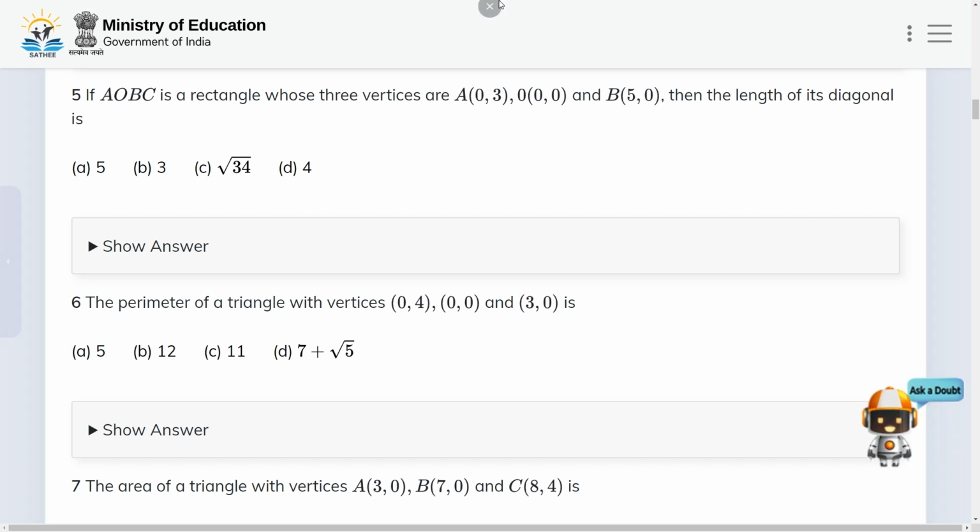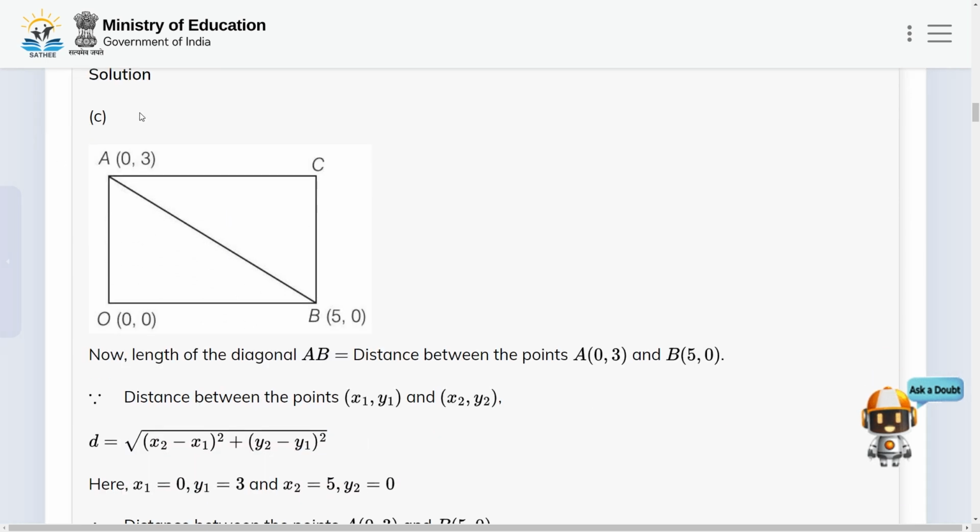Okay, so basically we are given AOBC, which is a rectangle, and we are given three vertices of this rectangle. Okay, and we need to find the length of its diagonal. So you can see this figure. So here this is our AOBC rectangle, and the vertices A, O and B are actually (0, 3), (0, 0) and (5, 0) respectively.